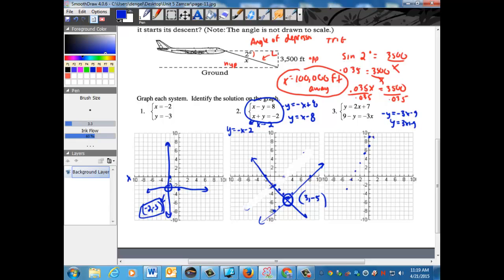So we're going to go down 3 over 1, down 3 over 1, and there's my point of intersection right there. Alright, so that point is going to be -2, 3. Again, let's plug these back in for x and y, make sure that they work. I believe those work as well.